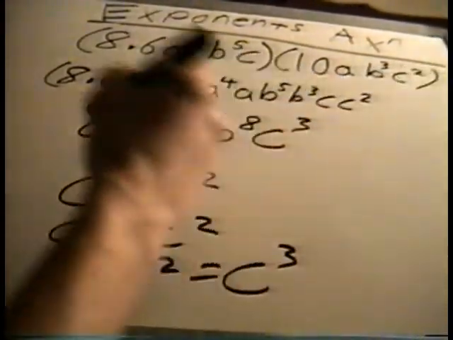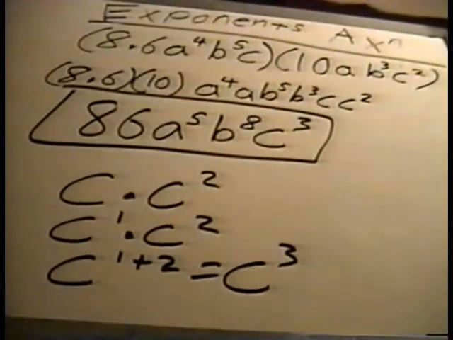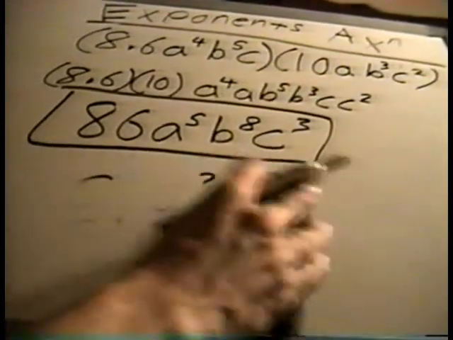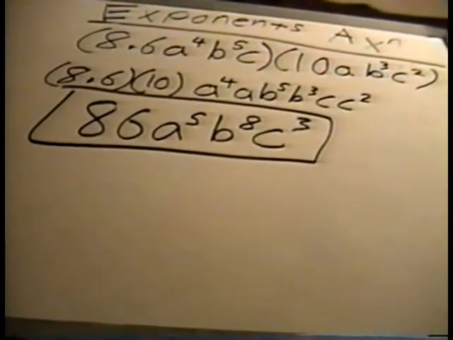So in short, what you do is you multiply the numbers and you multiply the variables. That's what you're actually doing. Now when you multiply the two numbers, we get negative 12.